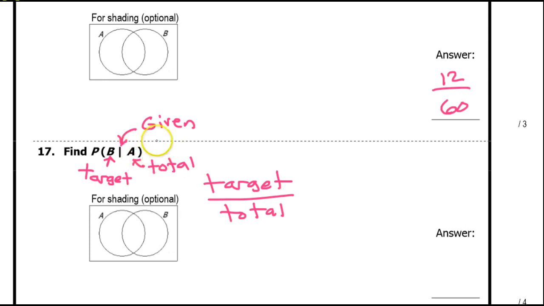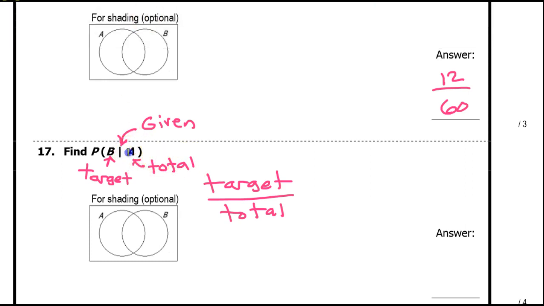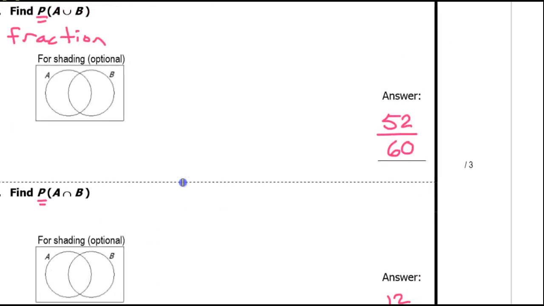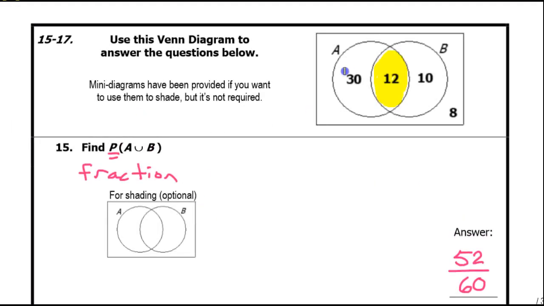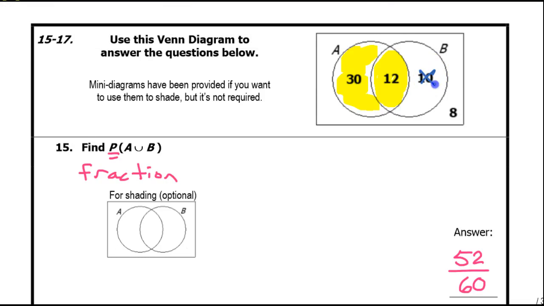So the key is to start with the total. Start with the given and throw away everything else. So A is the given. A is going to be these two. That's the given. And now we have to throw away everything else, so we have to throw away the 10 and the 8.